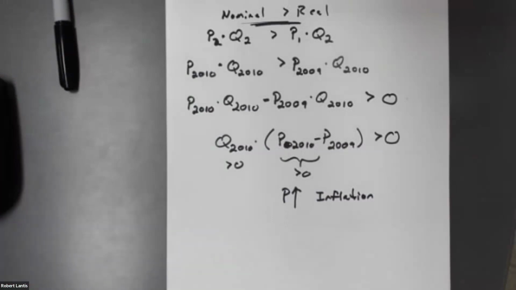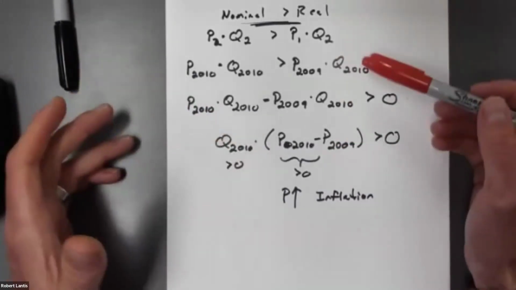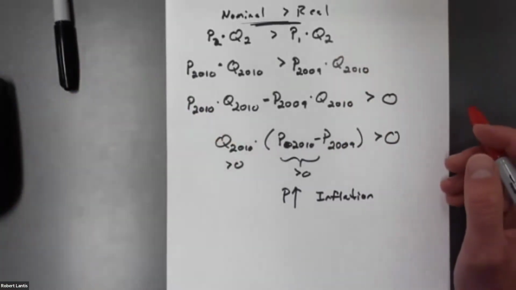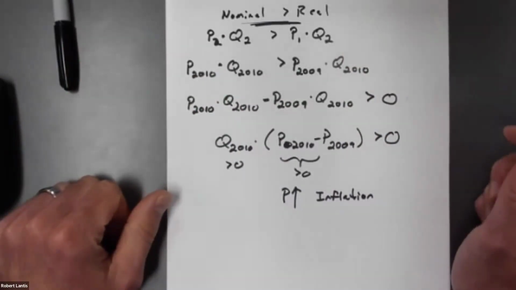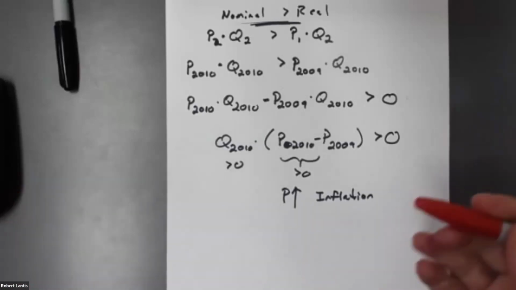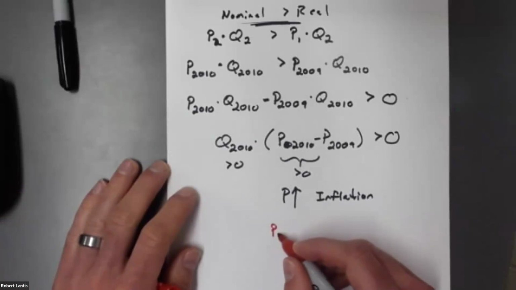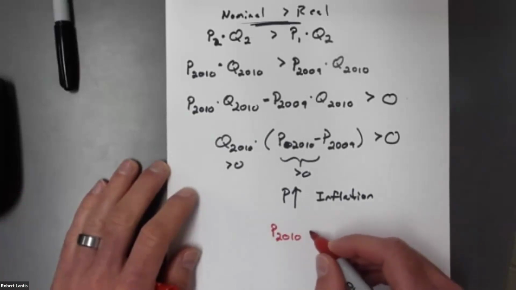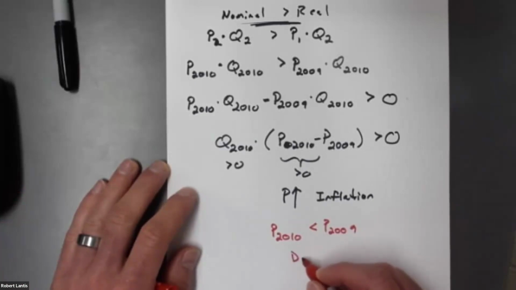So whenever we have inflation, and we're looking at a current year's nominal and real GDP, the nominal GDP has to be greater than the real GDP in that year if prices have increased. And then if we're going forward in time, let's assume that the prices in 2010 are less than 2009, or we have deflation, right?